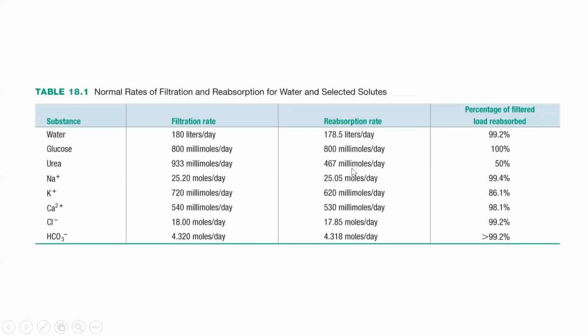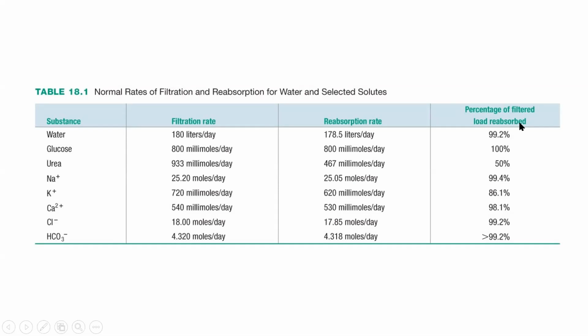Okay. So this table depicts some of the things that are filtered and then aggressively reabsorbed because the body needs these things for one reason or other. So first thing is water, right? Most of the water that is filtered is reabsorbed. And this happens at a rate of about 180 liters per day being filtered, and then most of that being reabsorbed.